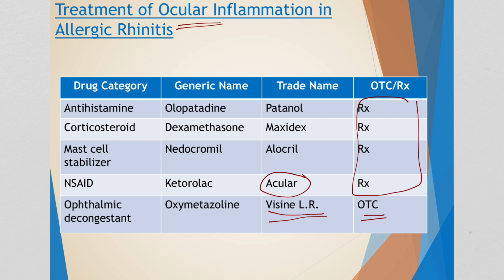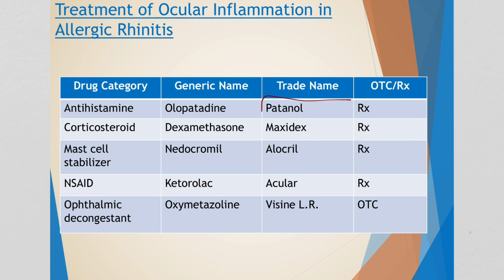Then you can refer out to a physician, and they can certainly prescribe an eye drop that would be more potent. The great thing is they all have different mechanisms of action. Your antihistamine, taken in the eye, is going to bind to the H receptors in the eye. Your corticosteroid is going to block all the way at the top, at arachidonic acid.